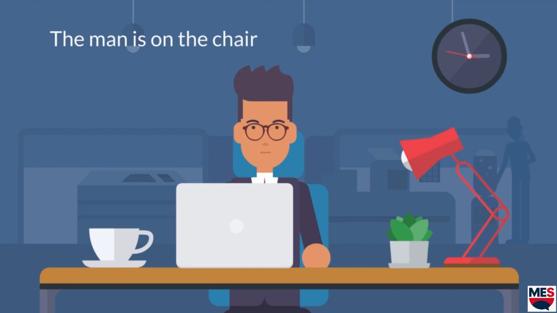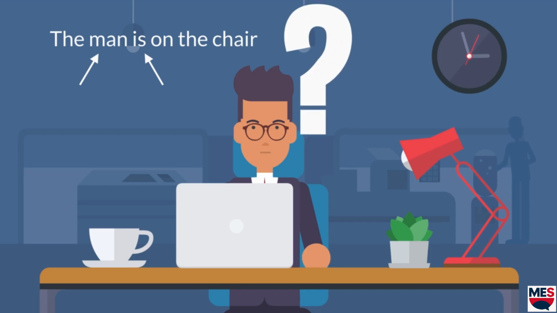The man is on the chair. Notice that we use is after the man. In order to ask a question, the man and is change places. Is the man on the chair?